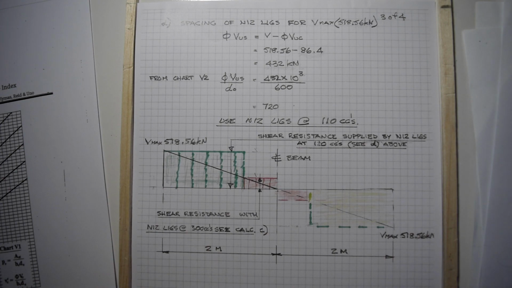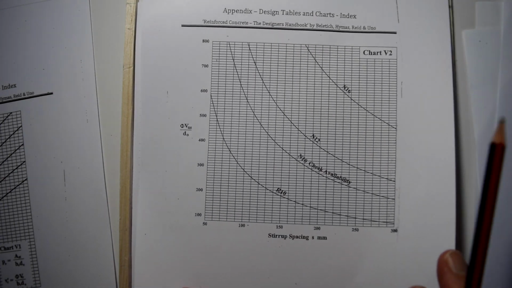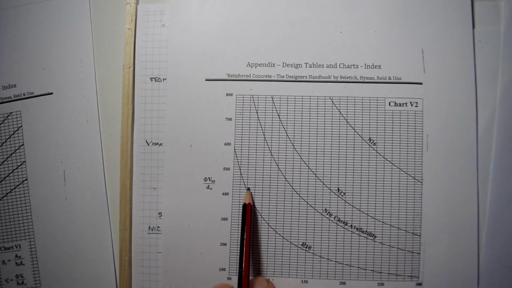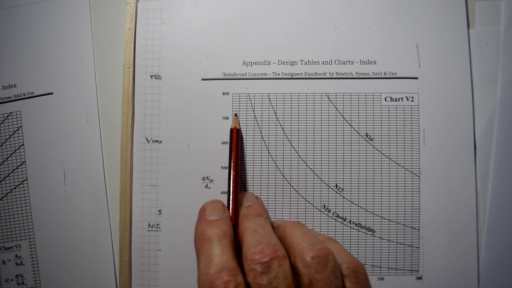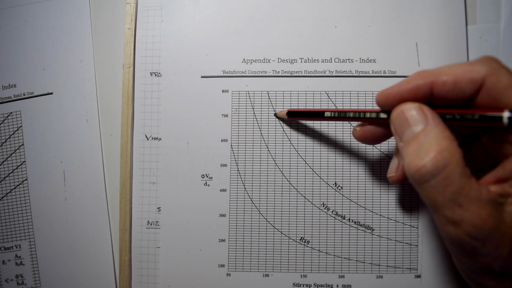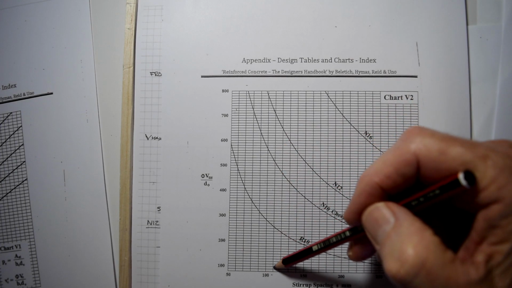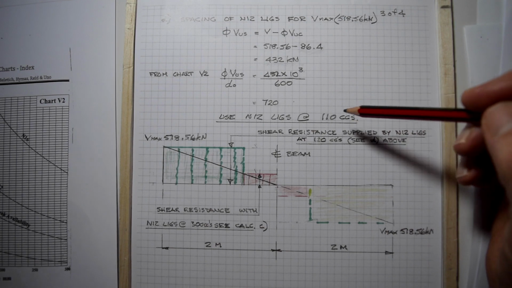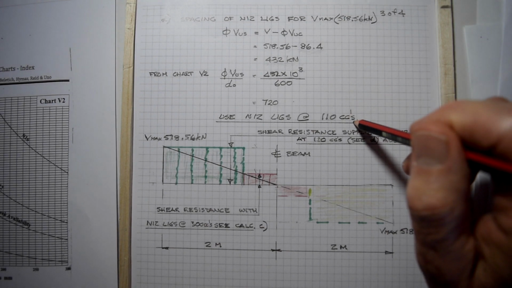Not 720 millimeters, just a ratio of 720. So 5 VUS is 720, you go up to 720, come across to your N12s, come down the graph to the bottom axis, and you'll find that it's close enough to 110 millimeter centers.